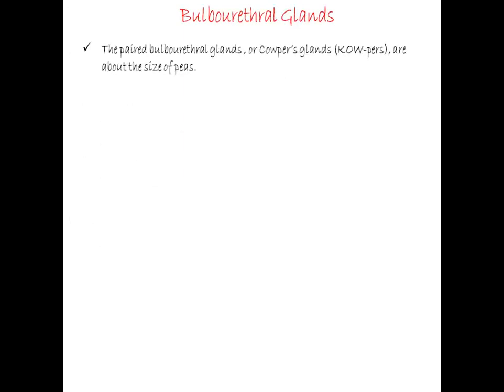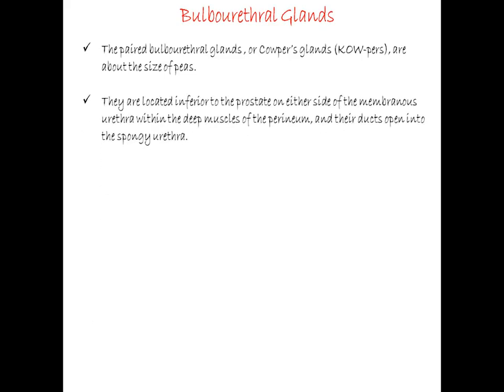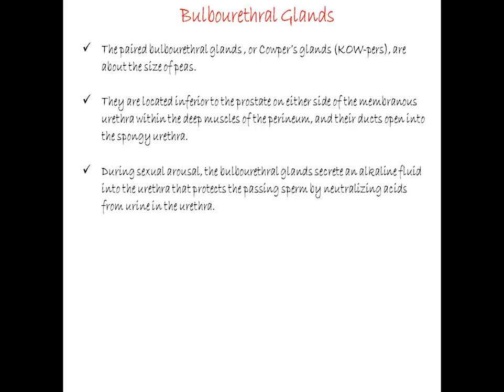Bulbourethral glands. A pair of bulbourethral glands, or the Cowper's glands, are about the size of peas. They are located inferior to the prostate on either side of the membranous urethra within the deep muscles of the perineum, and their ducts open into the spongy urethra.